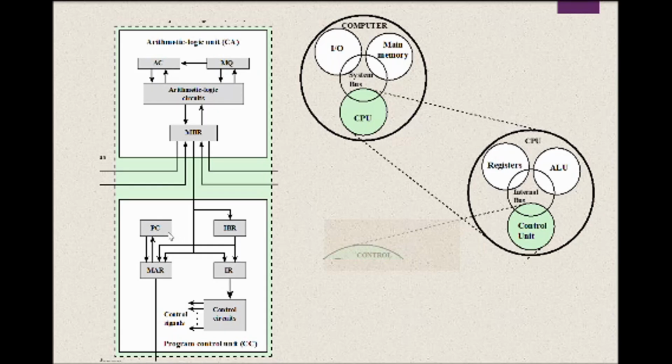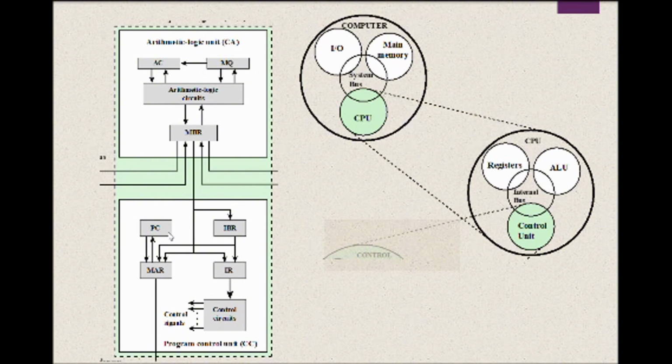The CPU sends this address to the memory via the address bus, and it says, for example, go to shelf number 50. The memory retrieves the instruction add 100 from that shelf and sends it back to the CPU on the data bus.